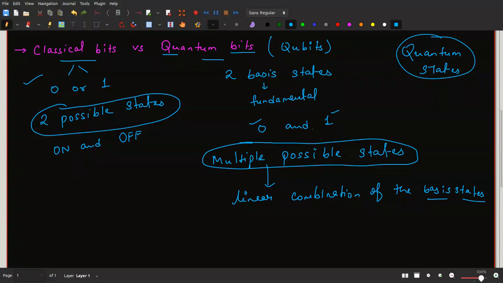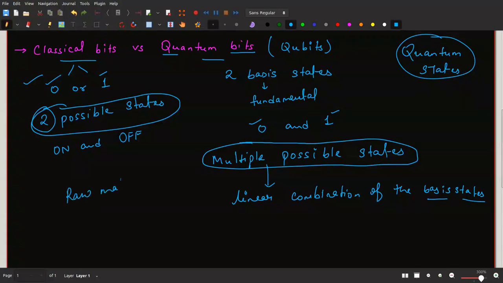What is happening here? In classical bits we use 0 and 1 but get only two combinations, but here using 0 and 1 we get multiple combinations. You can consider 0 and 1 as your raw materials.